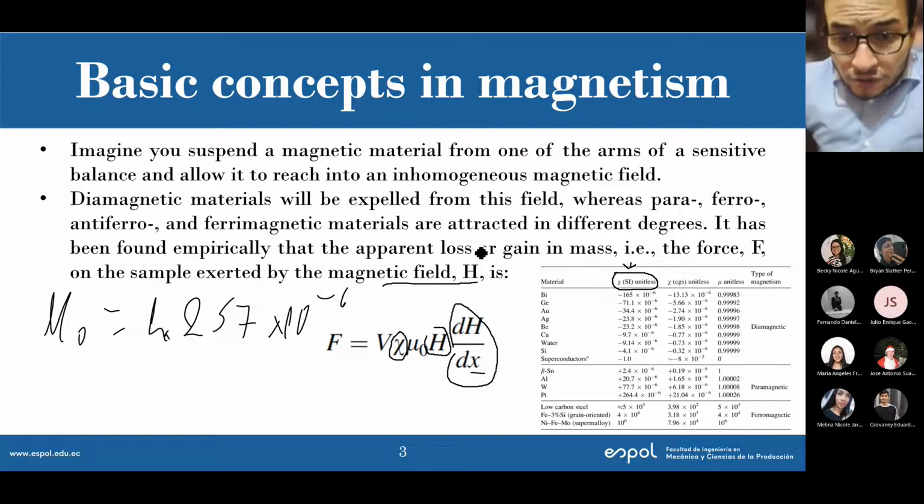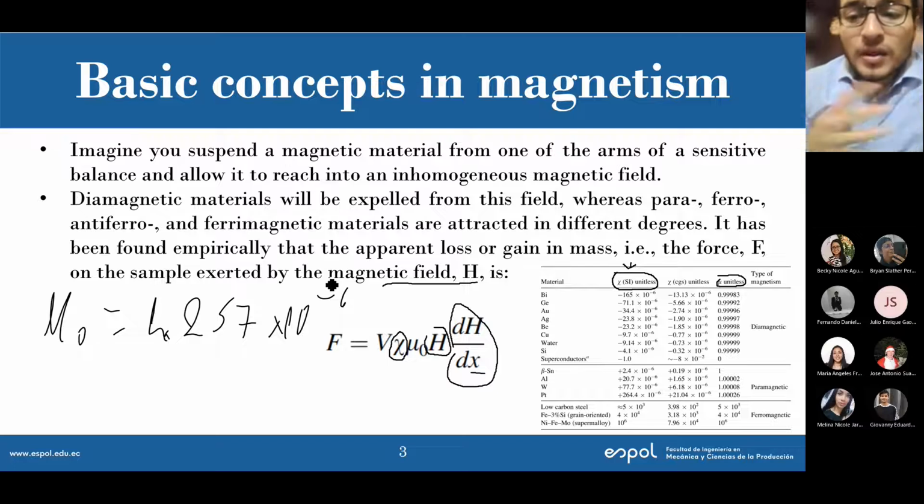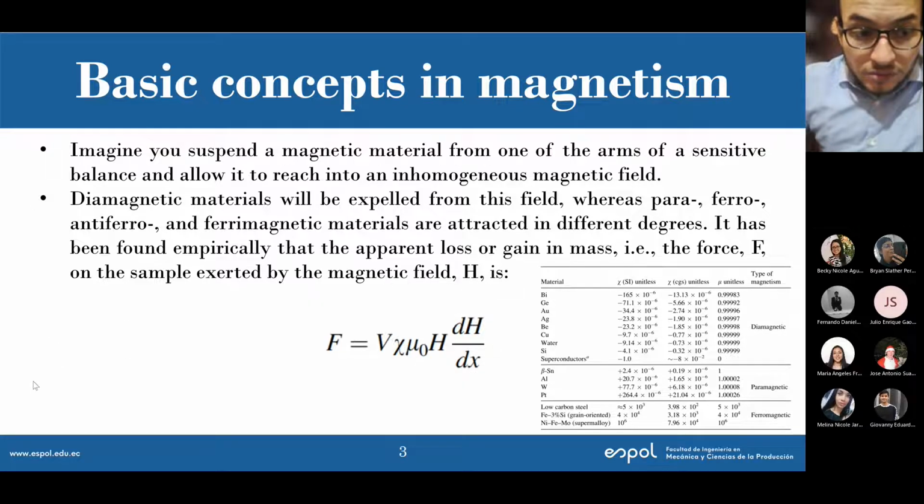And you can also see mu. Mu is just the permeability of a material, but not in free space, right? So mu naught, the one we have here, is the permeability of free space.